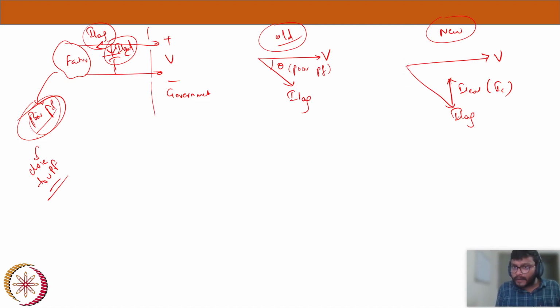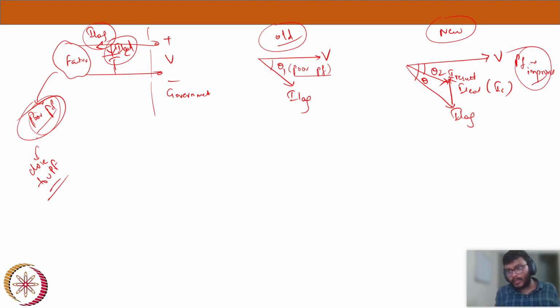Now what is the new power factor, the resultant of these two? This is the I resultant, and the new power factor is theta 2. Previously it was theta 1, which is a poor power factor. Now it is reduced theta. Your power factor is improved because of the addition of the capacitor.